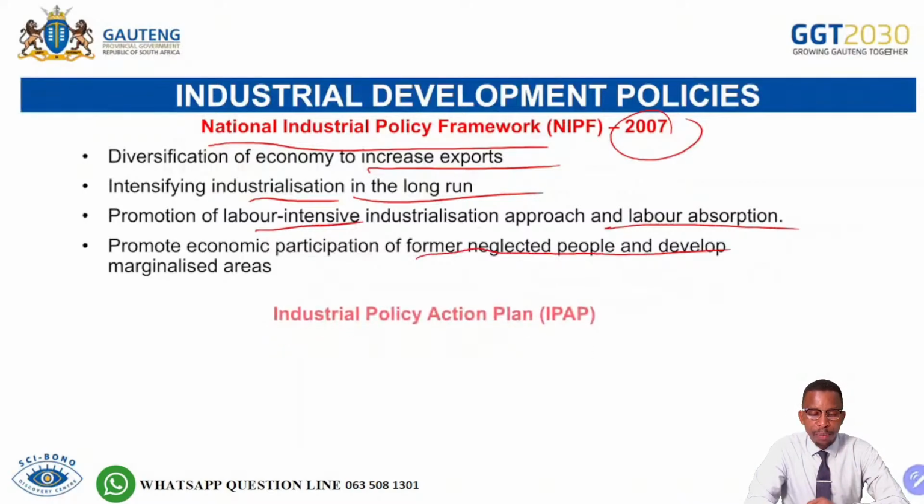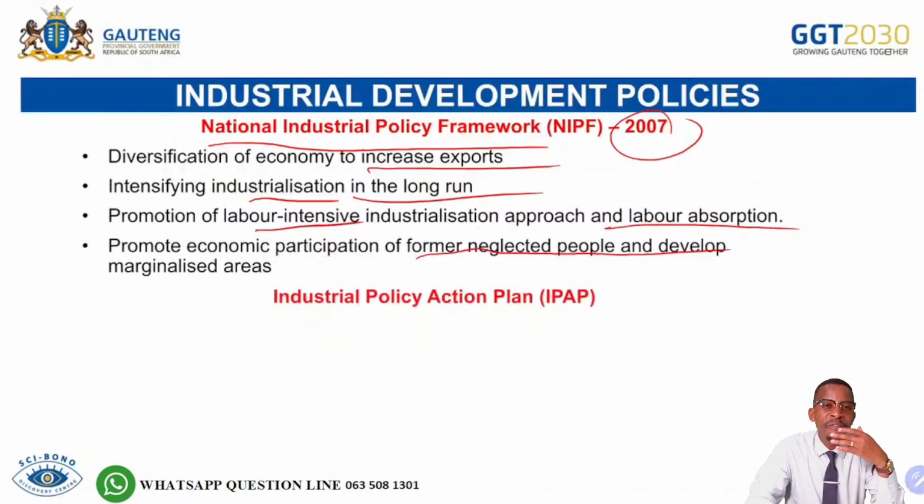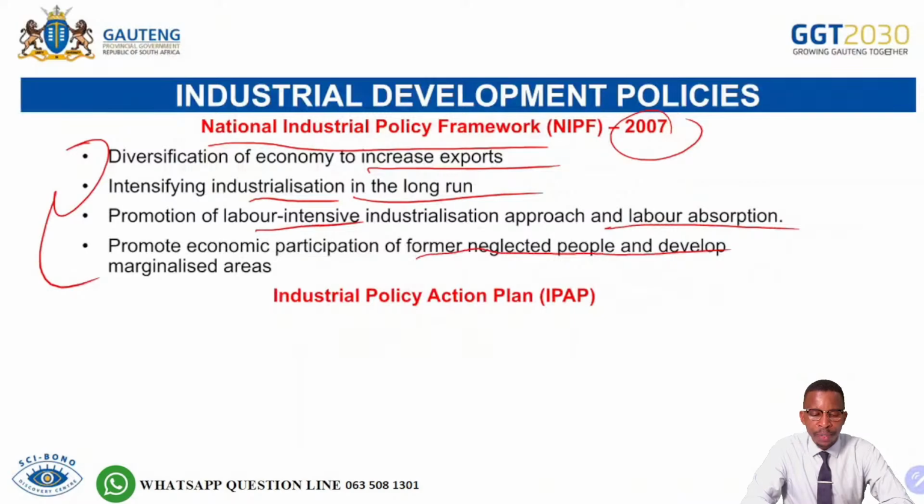So ensuring that these people are getting first-hand opportunities when it comes to the economy because they were neglected. These are some aims or objectives of what we call the National Industrial Policy Framework.